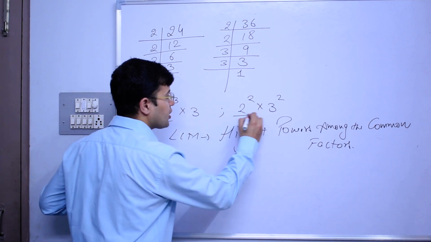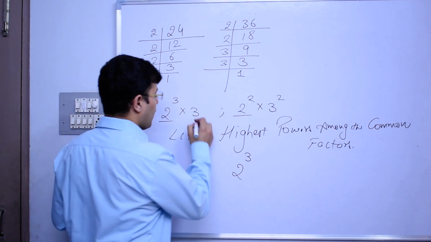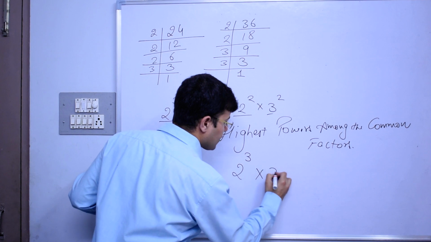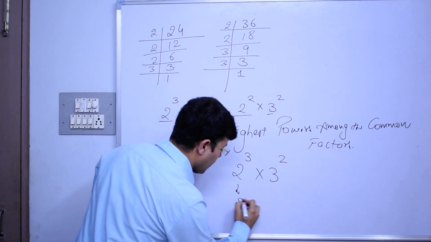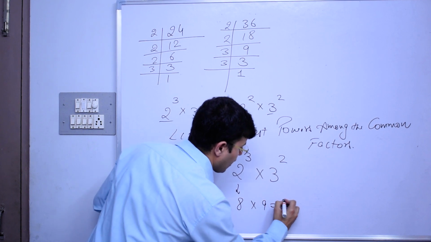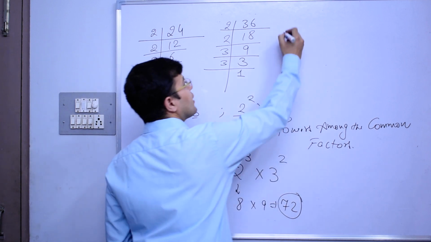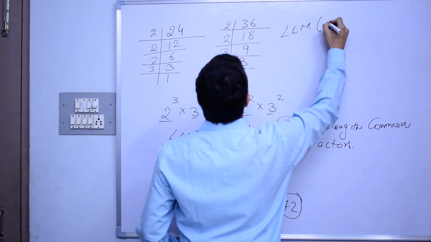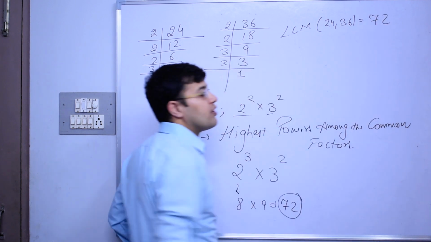Now with 2 cubed and 2 square, the highest power is 2 cubed. And with 3 and 3 square, the highest power is 3 square. So the number becomes, this is 8, this is 9 and the answer is 72. So I can write that the LCM of 24 and 36 will be 72.